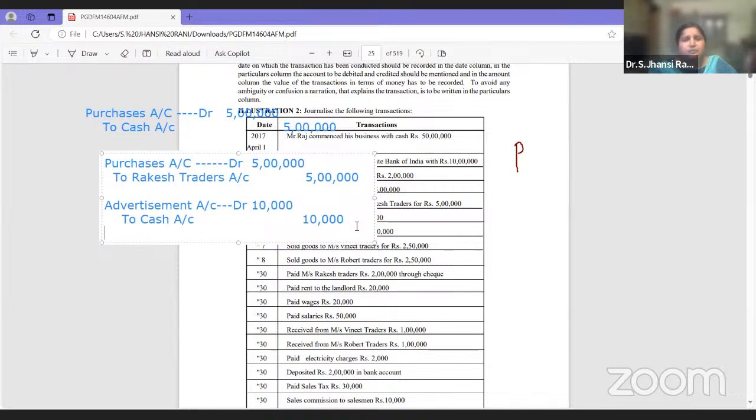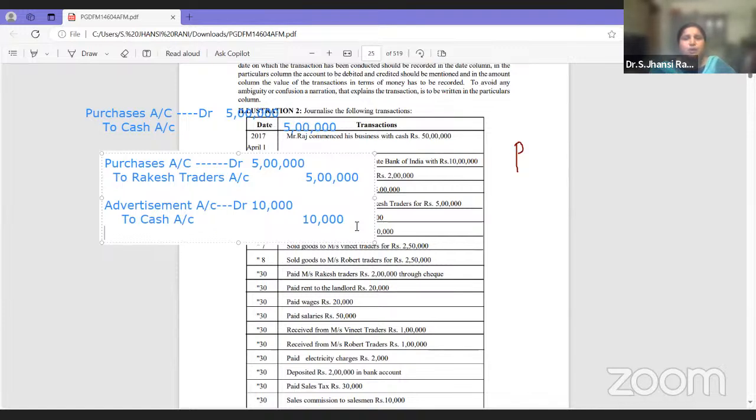Whenever we are selling, sales means we will be selling some goods or some things. So whenever we are selling goods, goods is what again? You should be able to decide whether it's personal, real or nominal. You should be able to differentiate. So goods means what? It's a real account. We can touch and see them.